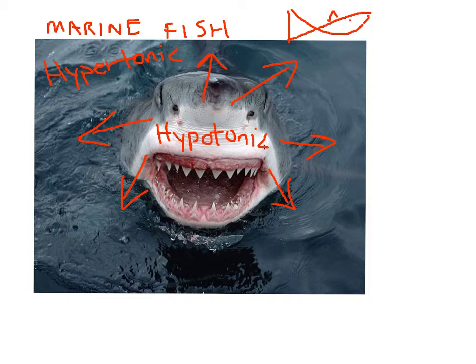So once again, the water is hypertonic. The fish itself is hypotonic. Salt water has a very high concentration of salt compared to the fish's cells. That's why it's hypertonic. So a marine fish is constantly losing water out of its cells.